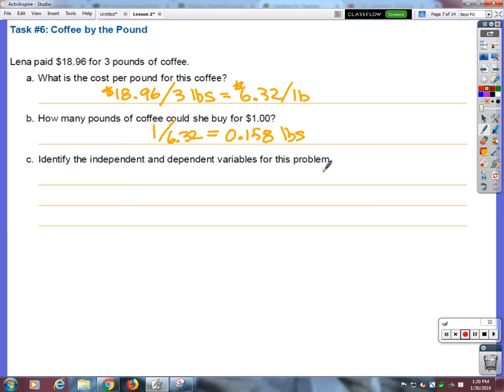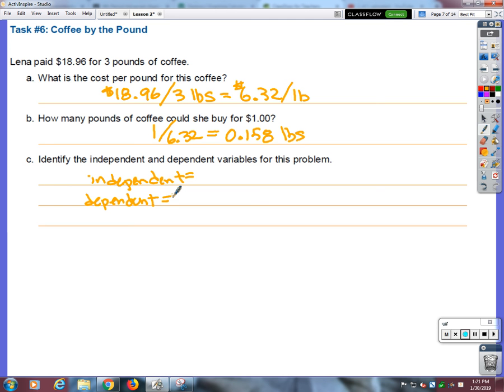Okay, identify the independent and dependent variables for this problem. Which is the independent, which is the dependent, the cost of the coffee? You know what? I think this is one of those that could actually go both ways. In the way this problem is stated, she's got $1, so the amount of coffee that she can buy depends on that dollar. But I would guess most of the time people don't do it that way.